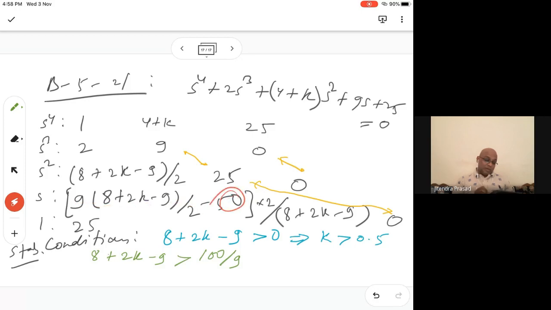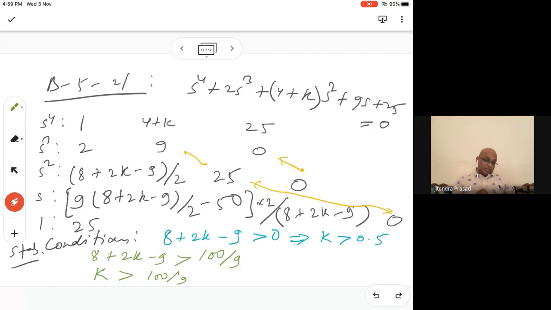The whole thing greater than 0, so this is greater than 50, so just this equal to 50 multiplied by 2 by 9, right? And we get k greater than 100 divided by 9 plus, okay, here 8 minus 9 is minus 1.